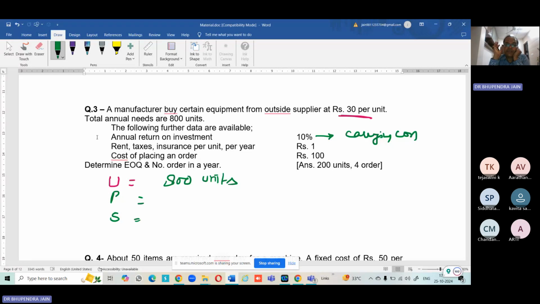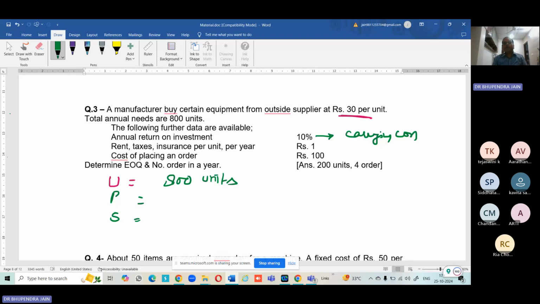That's why this is the carrying cost. And the rent, taxes, insurance per unit per year, meaning you are paying the rent, taxes and insurance of the store. So this is also the storage cost. How much are you paying? ₹1.